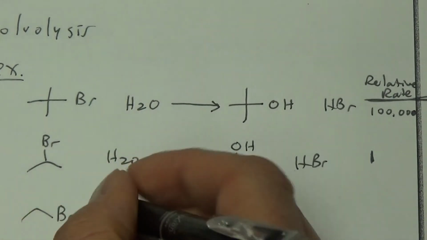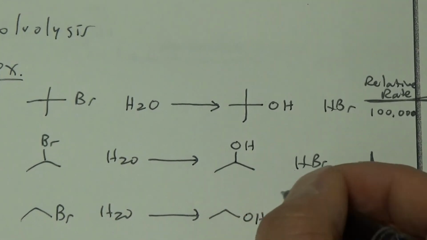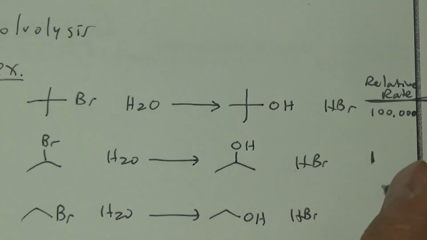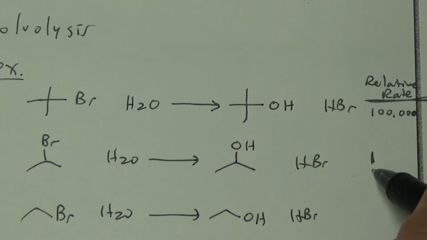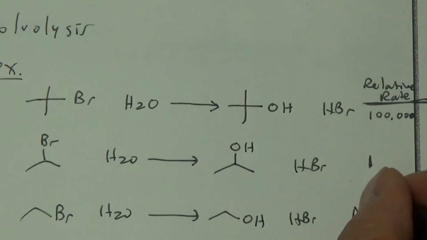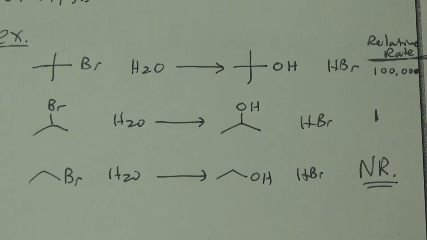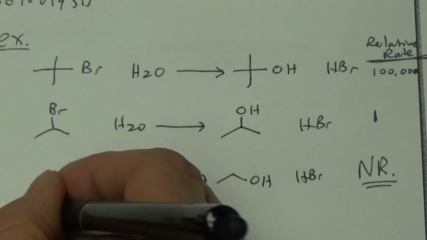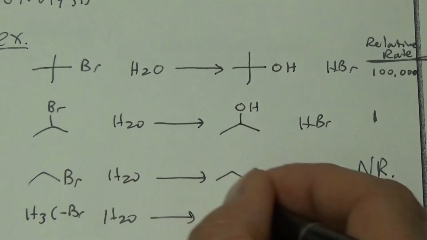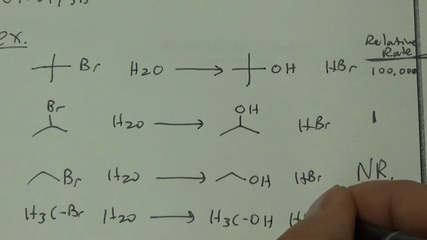Primary, to make ethanol. If secondary was extremely slow, what do you think primary is? It's NR, no reaction. It does not go at all, whatsoever. And methyl, to make methanol and HBr.